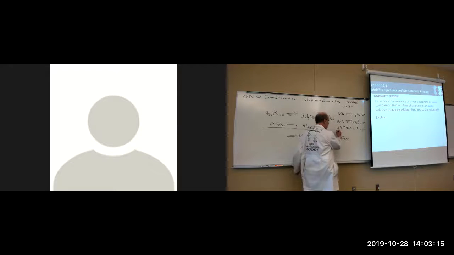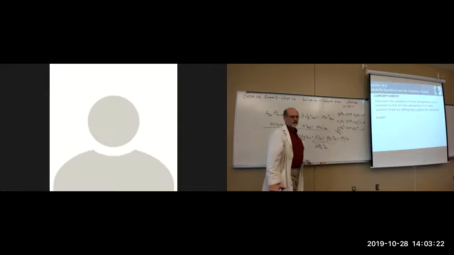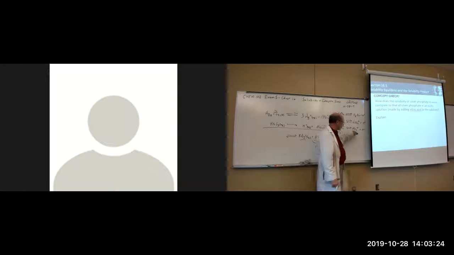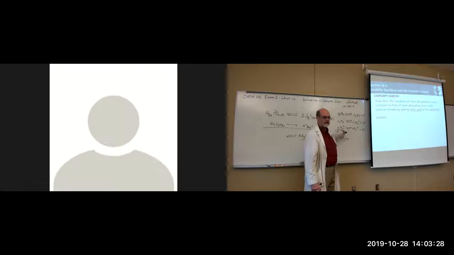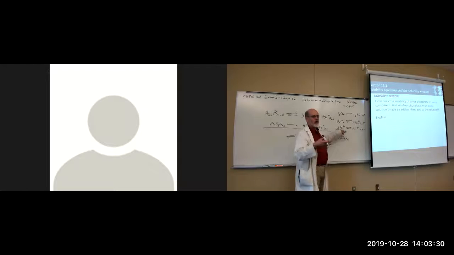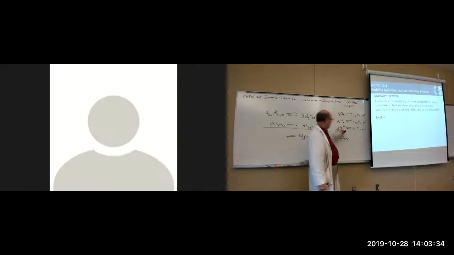So the Ka3 for this one is going to be extremely small, which means what? It means there's very little of this, mostly that. Okay, I'm discussing this in qualitative terms, right, without putting any numbers to it. But if this value is going to be extremely small, the equilibrium is going to be shifted this way, right? HPO4 2 minus. So any of this over here is going to be very small.